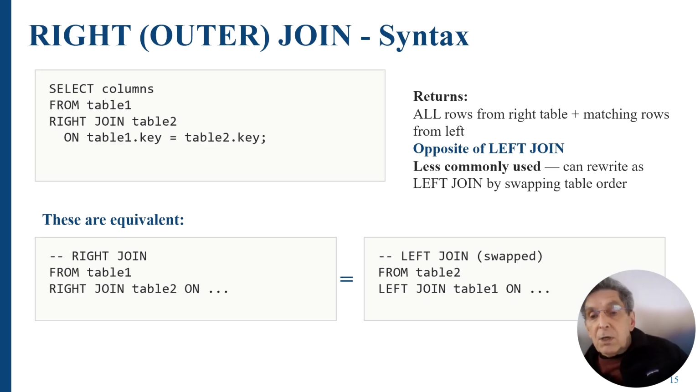So the all rows table being mentioned first makes the query a little bit easier to read and understand. My recommendation would be to stick with the left joins and just put your all rows table first. But you need to be able to read this code and understand the right join, because you may find it in some code that you're asked to review.